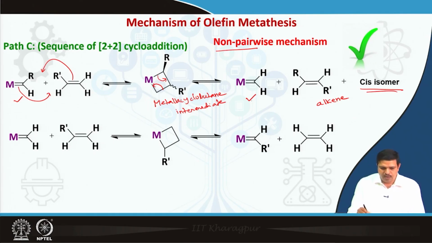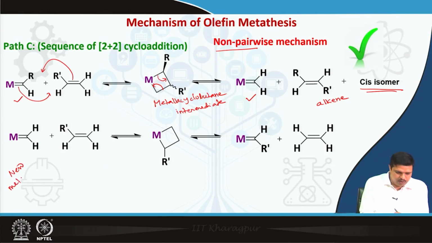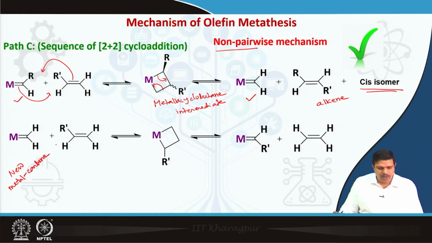Again this new metal-carbene can react with another alkene and form another new alkene, that is the ethylene in this case.